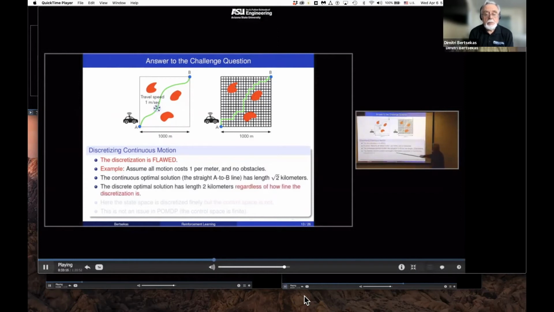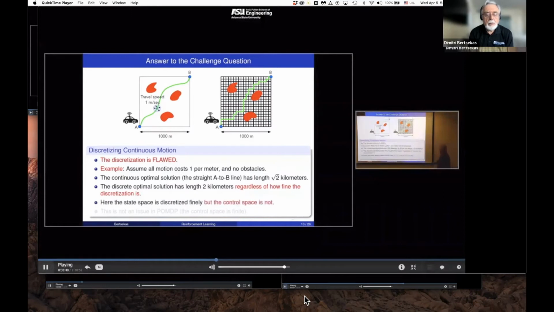However, the discrete optimal solution involves counting units along this piecewise horizontal vertical path, and no matter how you do it, you're going to have a distance of 1 and another distance of 1, 2 kilometers, okay? Not square root of 2, but 2, no matter how fine you make the discretization.